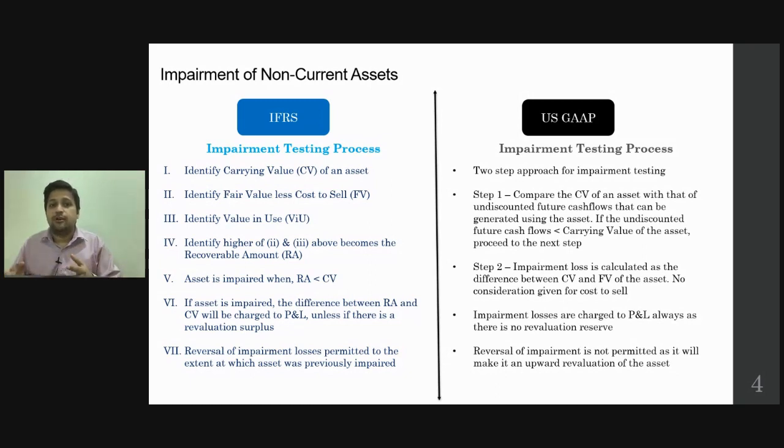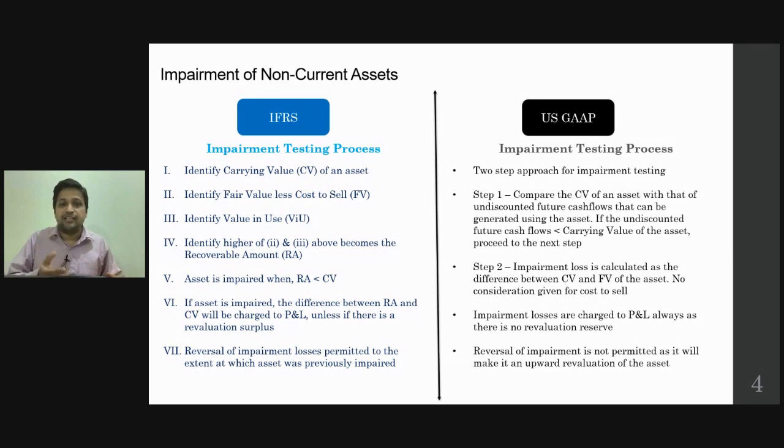Now, let's focus on the differences between impairment testing in IFRS and US GAAP. In IFRS, in order to carry out impairment testing, the first step is to identify the carrying value of the asset, which is nothing but the historical cost or the revalued amount minus the accumulated depreciation. Step number 2 is the most important one: identifying the recoverable amount of an asset.